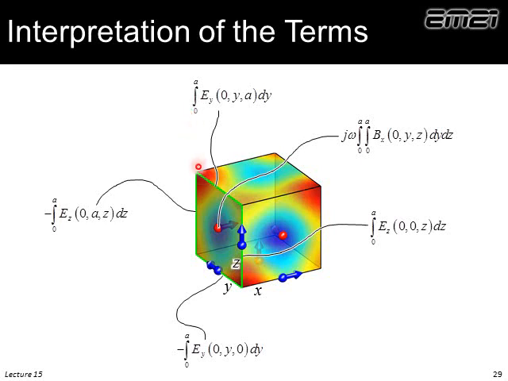Now we'll be integrating in the negative z direction, so we have the negative here. So we see the positive and negatives depending whether we're integrating in a positive or negative direction. So we have our 4 terms going around the perimeter of that x equals 0 face. And finally, this last term is calculating the B field at this center point, or integrating the B field throughout this entire surface to essentially arrive at the average value in the middle.